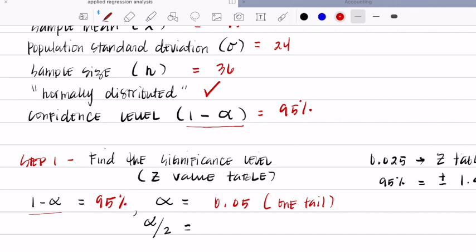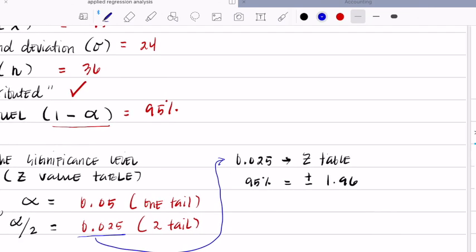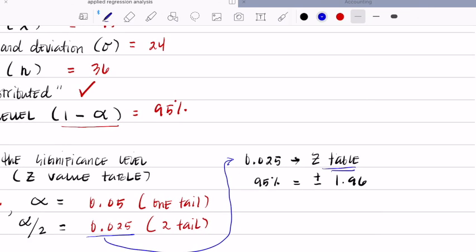Next, if you want to find out the values for two tails, all you're going to have to do is divide 0.05 by 2, and that will give you 0.025. Those are the values for two tails. Now you're going to take 0.025, and using a z-table, we know that 95% equals plus minus 1.96.